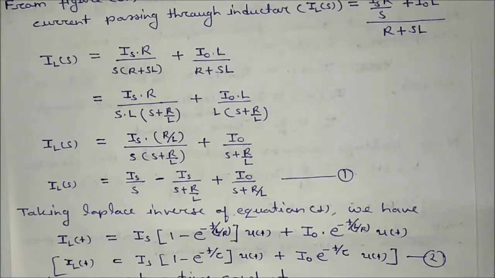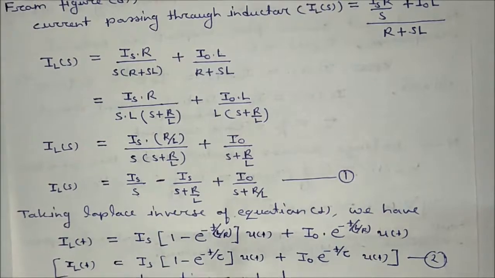Similarly, the forced response is calculated only due to the what? The external input supply. That means when you are calculating forced response, all the initial conditions must be what? 0. Hence we can say that the total response is always what? Forced response plus natural response.